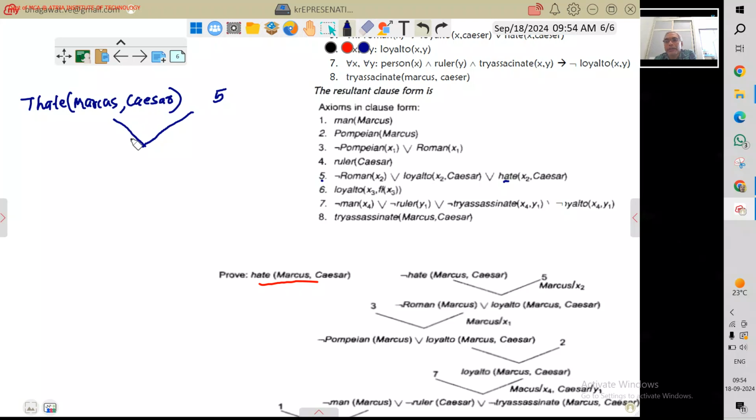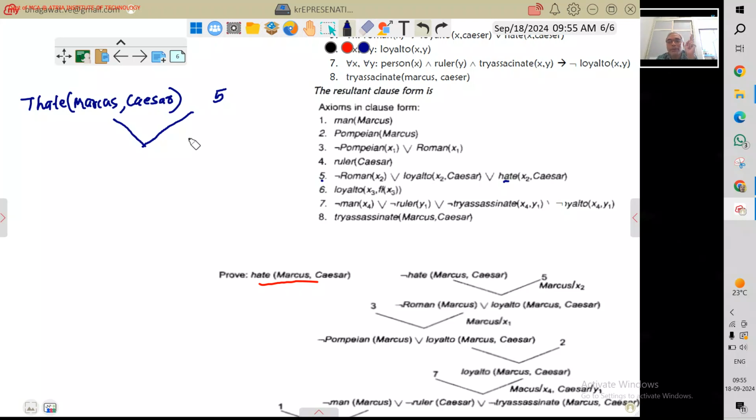In the fifth clause we have hate(x2, Caesar), but the arguments here are Marcus, Caesar. This predicate hate and that predicate hate match, so we have to apply the unification algorithm here. Both predicates match on hate, and inside the arguments we have Marcus and Caesar, but here we have x2 and Caesar.